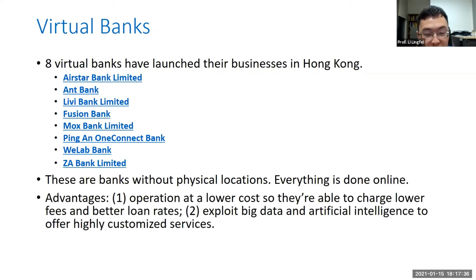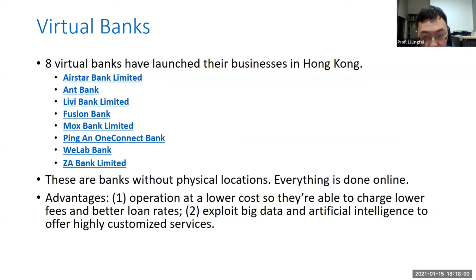And having no physical branches means one thing: these banks can operate at a much lower cost. If you talk to bankers, they will tell you that typically the operational cost of running a branch per year in Hong Kong is on the order of millions. So if you get rid of a branch, you save millions of Hong Kong dollars per year.